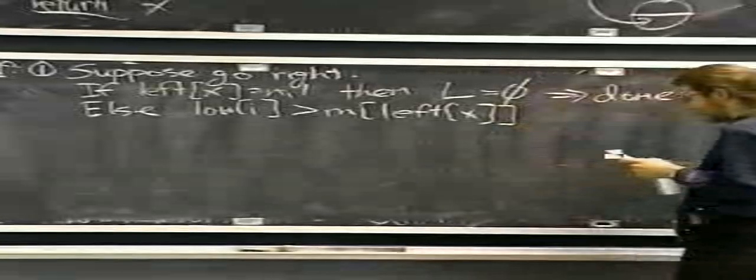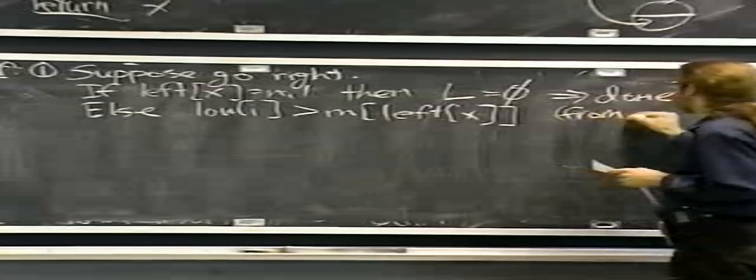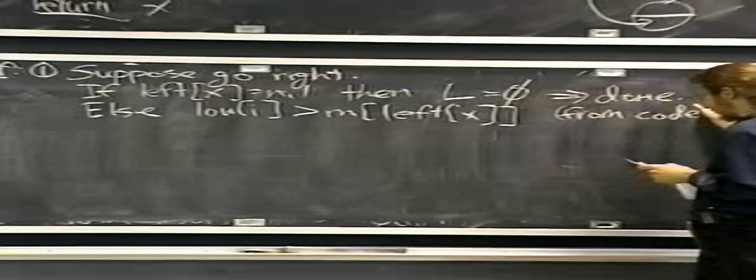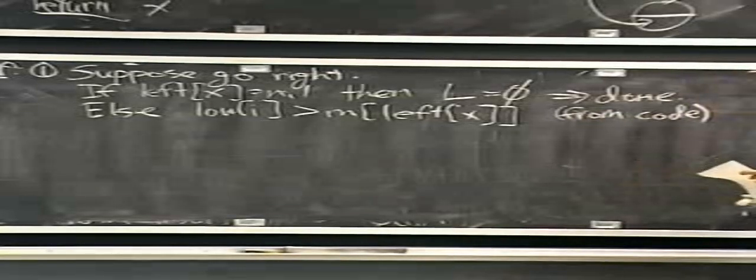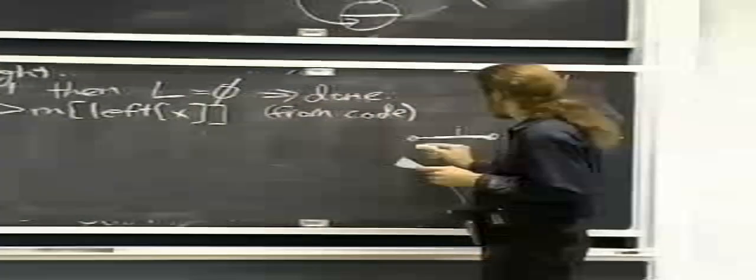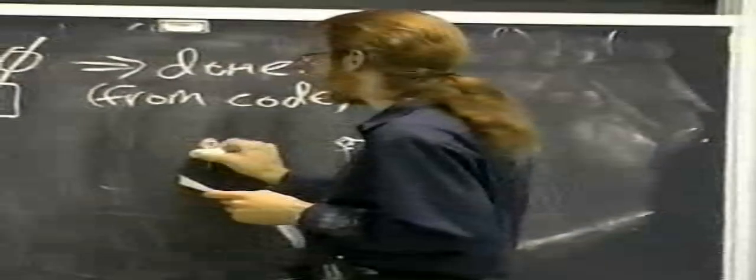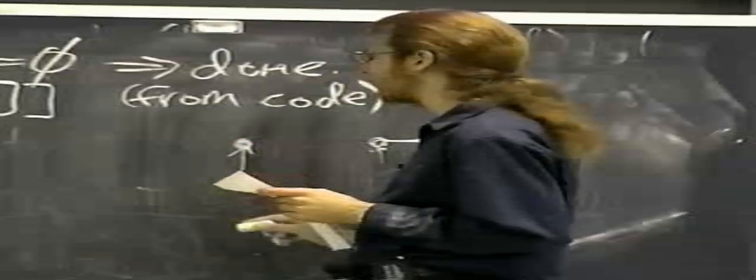And a couple of brackets. Okay, this is from the code. We know this. So what's our picture? We have I is some interval here. This is low of I. And we have that it's bigger than this, which is m of left of x.